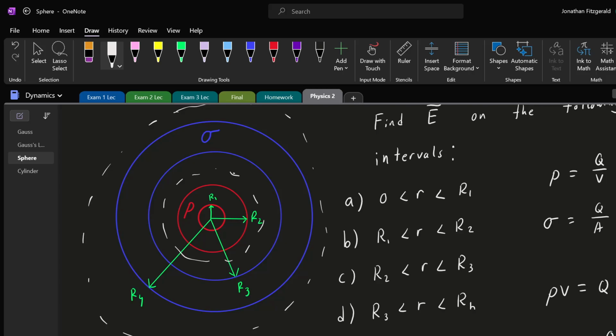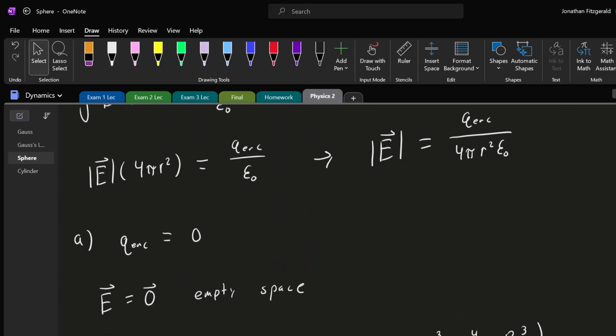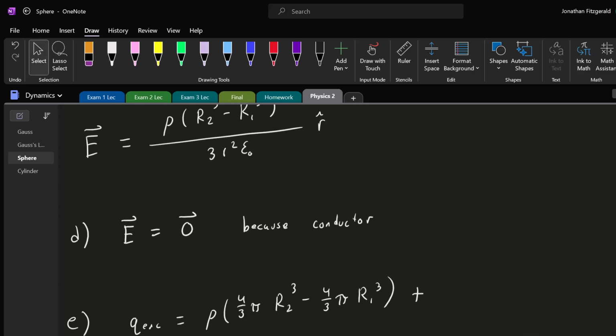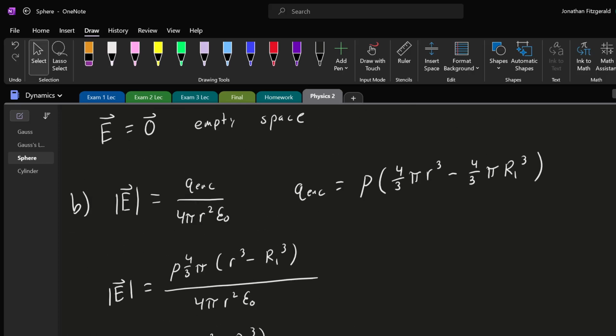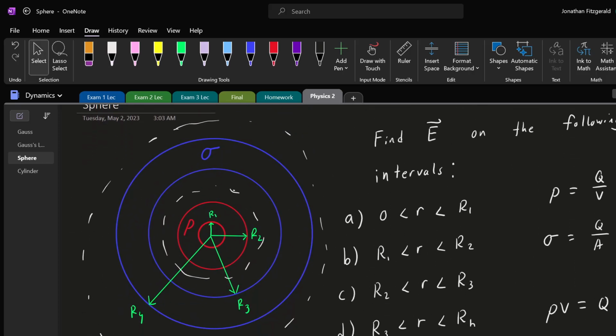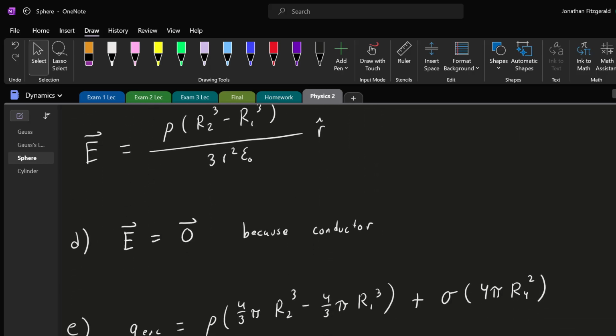So we know the charge density is on the outside of the outermost shell of the sphere. So we can just say sigma times area. Now the area that this sits on is the surface area of a sphere at the radius. It's at a radius of R4, so we can say sigma times 4 pi R4 squared.